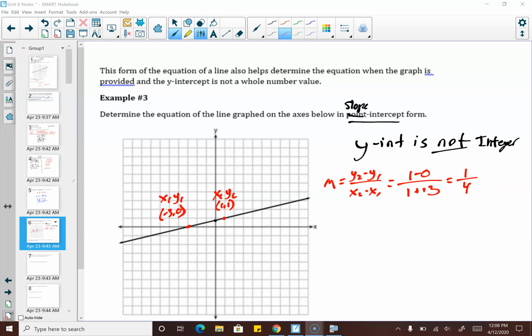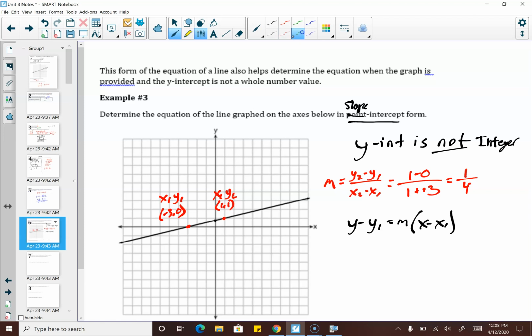So now that we have our slope, we know we can't find our y-intercept right away. So you can use that same technique of solving for b, but this is where using the point slope form comes in handy. All right, I'm going to write it again just so we get used to it. Y minus y1 equals m parentheses x minus x1. Now you can choose either one of those points.